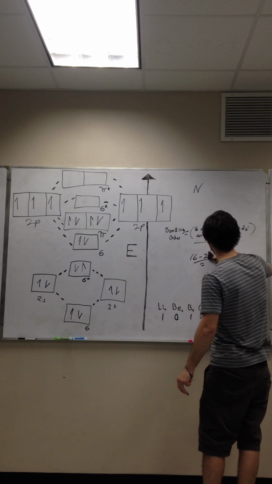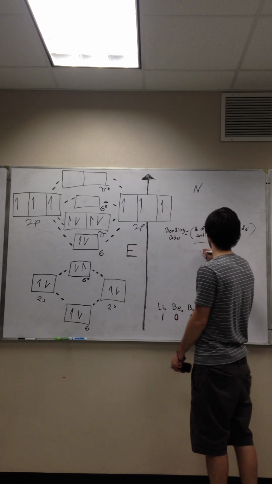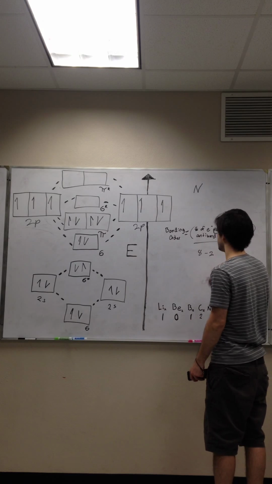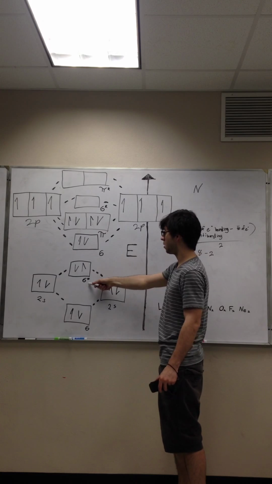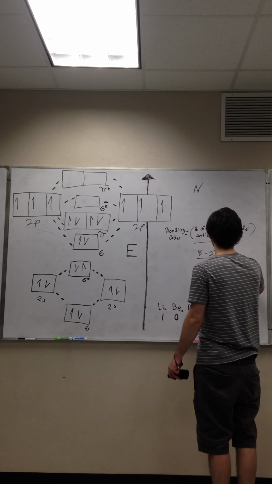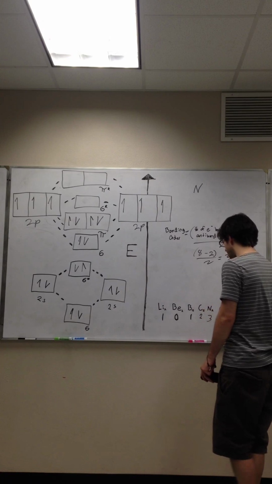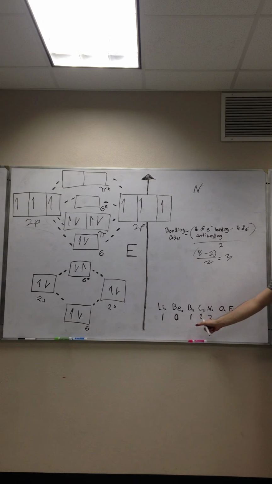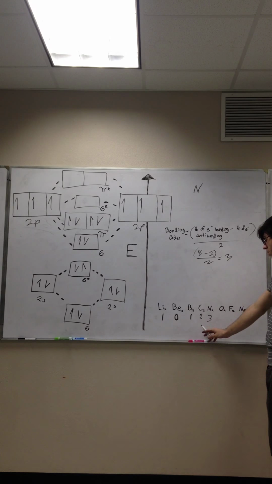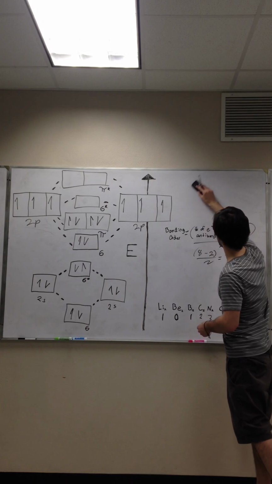So calculating this bond order, we find that 2, 4, 6, 8 electrons bonding minus 2 in the sigma anti-bonding 2s molecular orbital, our bond order can be found to calculate 3, which is even stronger than our last diatomic molecule that we just observed. N2 is the most stable by far yet.